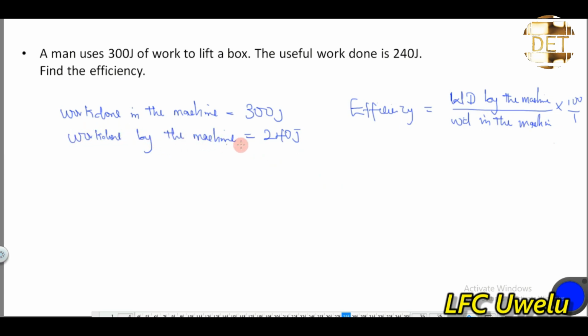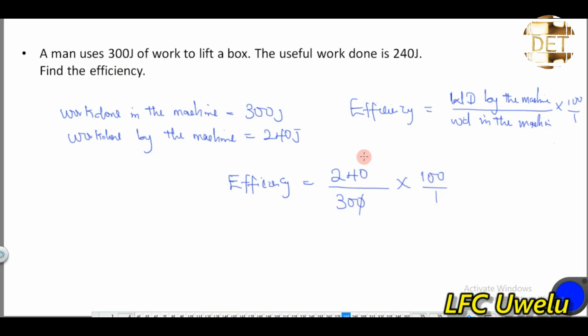The work done by the machine is 240 joules, that's the useful work done by the machine, over the work put into the machine, 300 joules, times 100 over 1.